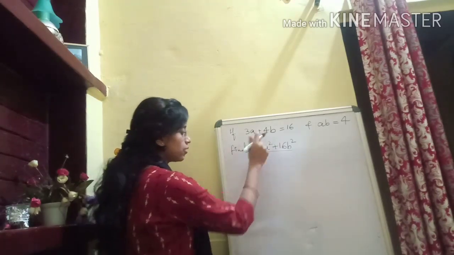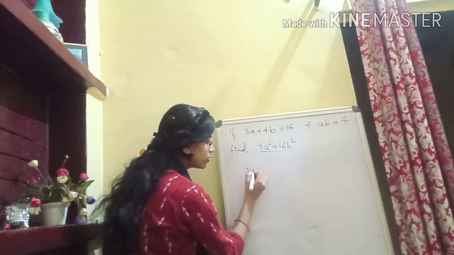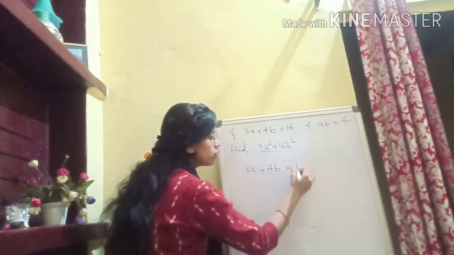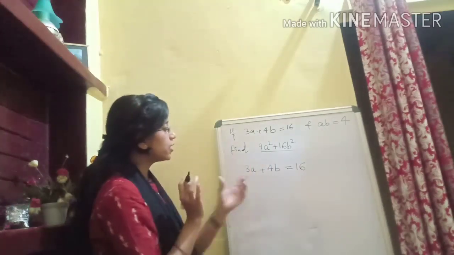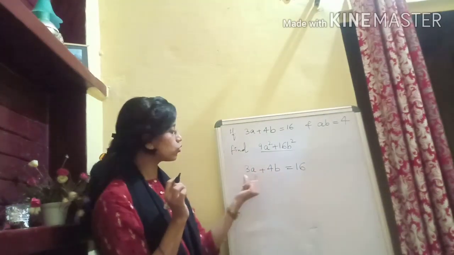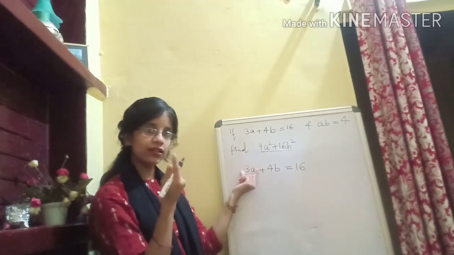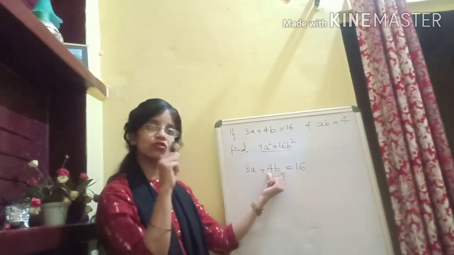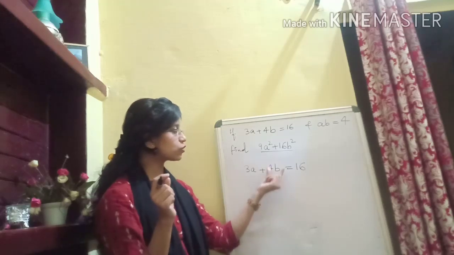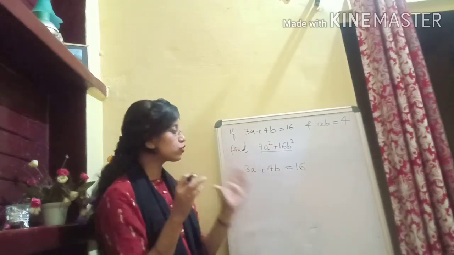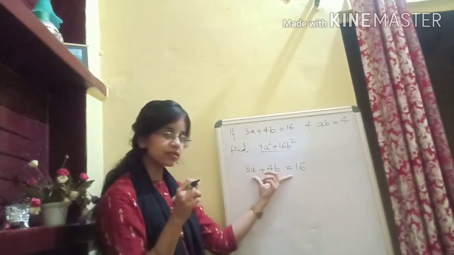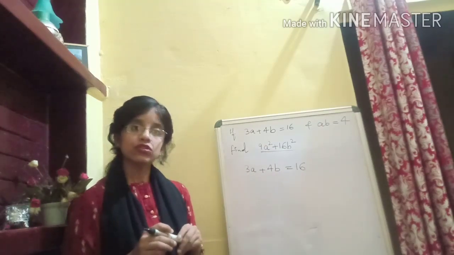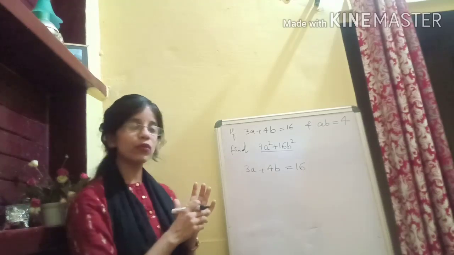I'm going to take 3a plus 4b is equal to 16. Now just see, if we square this, 3a square will give you 9a square, and 4b square will give you 16b square, exactly what we want. So that's why we have taken this term, and since we want the square, we are going to square both sides.